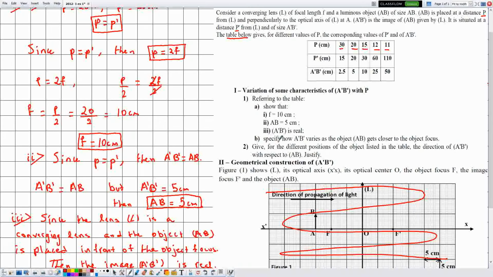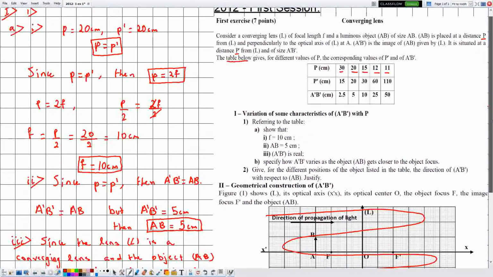Now in part B, they are telling me to specify how A prime B prime varies as the object AB gets closer to the object focus. Let me make some space.